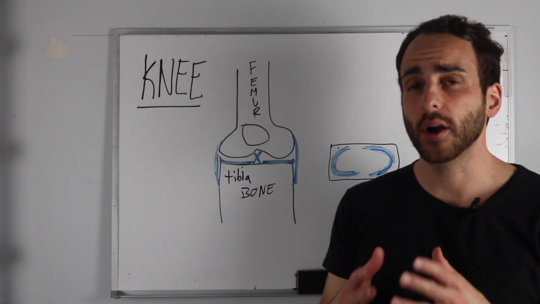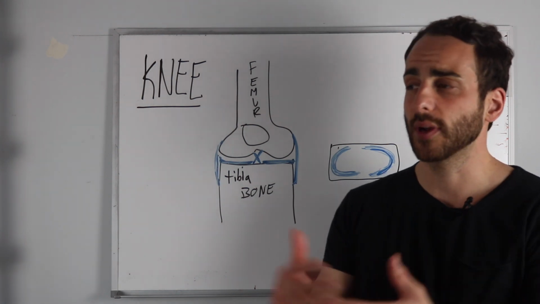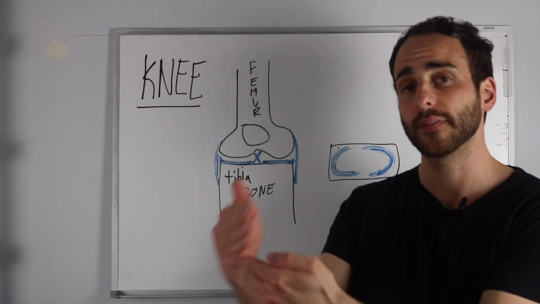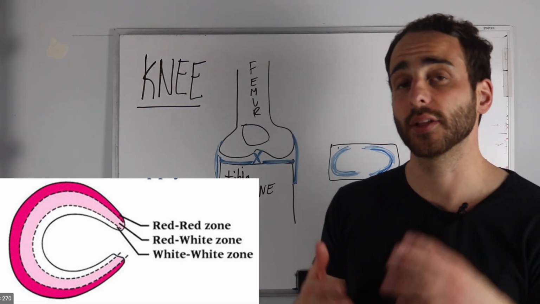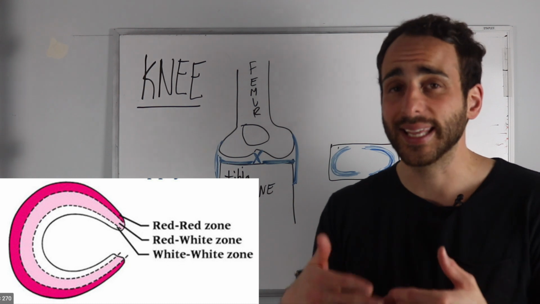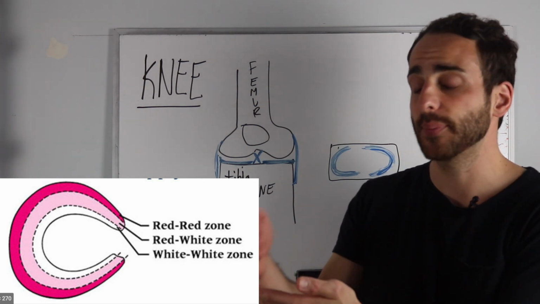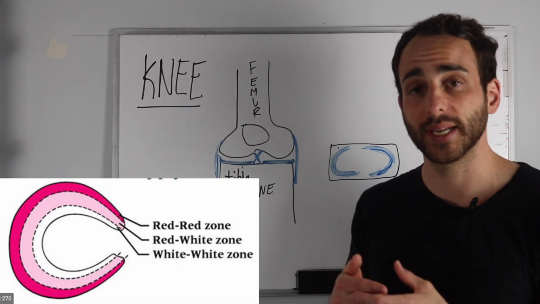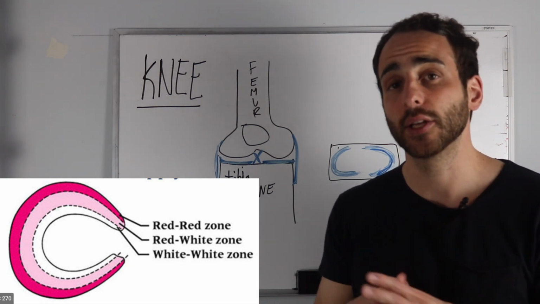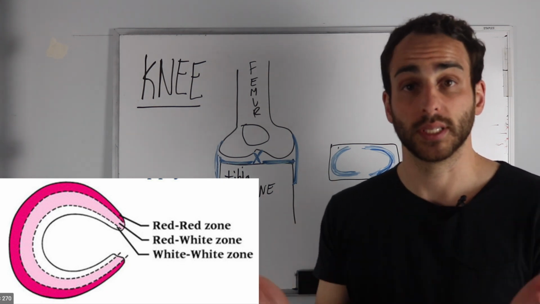When you are dealing with a meniscus tear, you also have to think about the layering of the meniscus. The meniscus has different zones, and depending on the zone of the tear, that will dictate some of the healing process. As we get deeper and deeper into the meniscus, there's less blood flow and it's less likely that the meniscus can heal naturally given the type of tear.